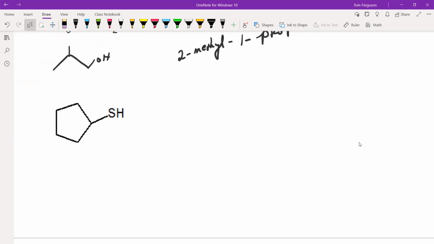Okay, we have a thiol here. So this is going to be a cyclopentane thiol.